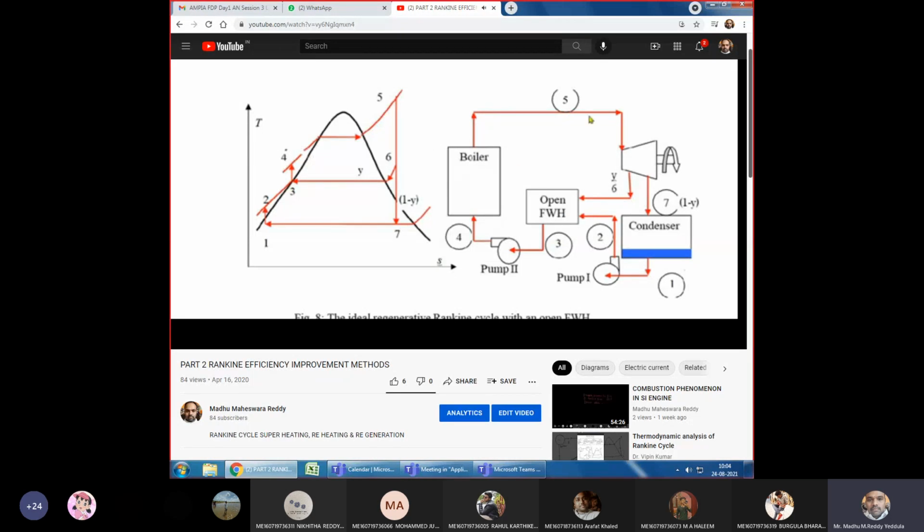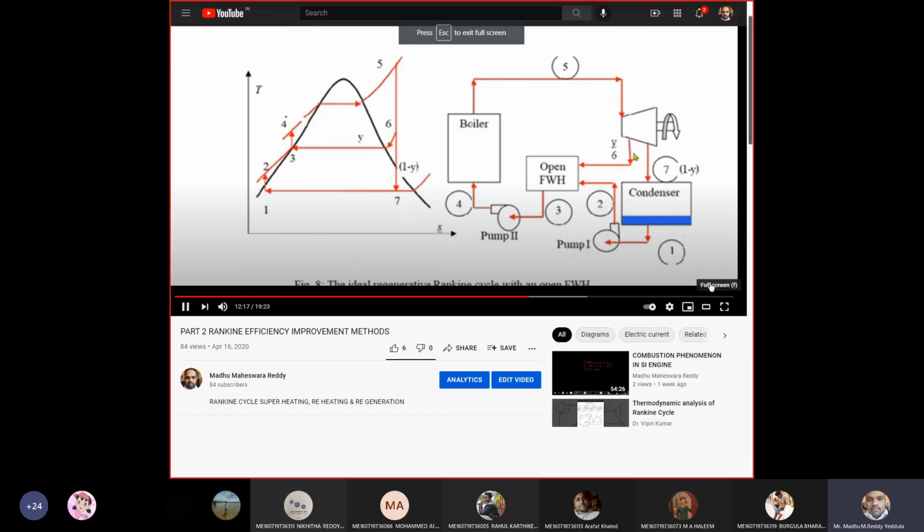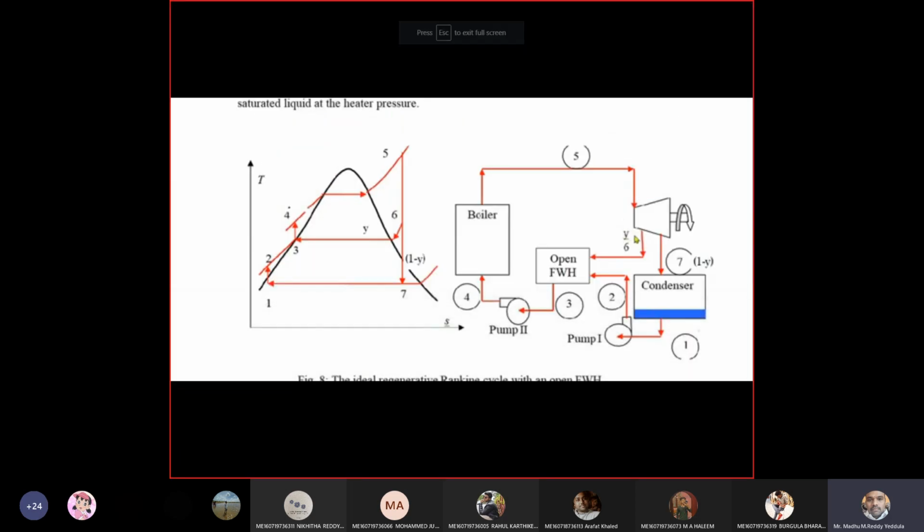Now at point 5 the steam is entering into the turbine. Let us assume 1 kg of steam is entering into the turbine. In that 1 kg, after some time, when the steam has expanded to 6, at that time I am trapping y kg of the steam.